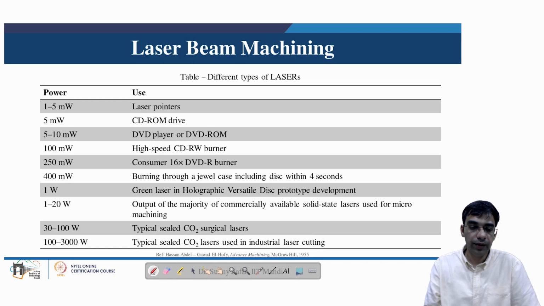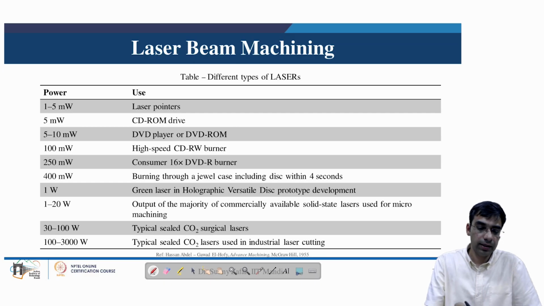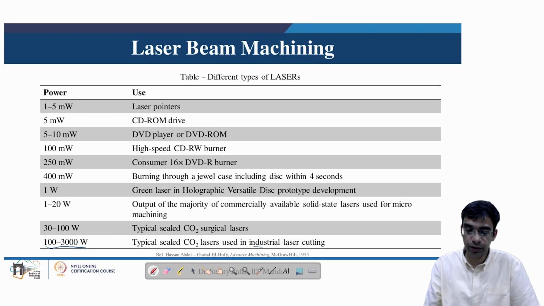Like 1 to 5 milliwatt lasers are used in laser pointers, while for solid state lasers we need high power lasers like 100 to 3000 watt, which are typically used in cutting operations, especially in the manufacturing industry. Other than this, laser is also a very versatile tool in biomedical applications for various types of surgeries, etc.